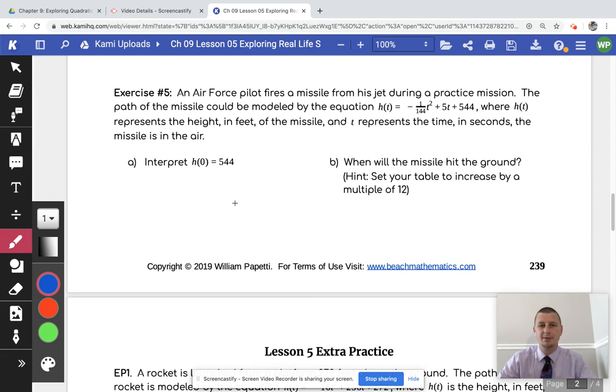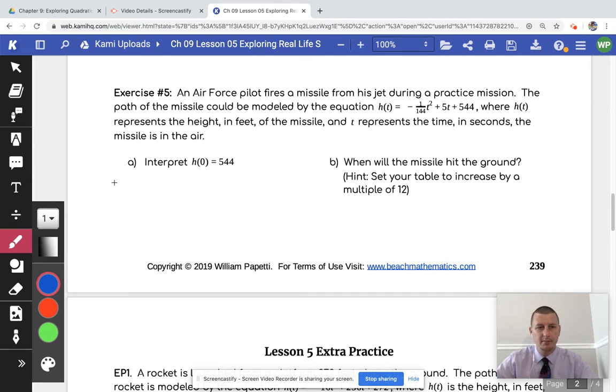First thing we want to do is interpret h of 0 is equal to 544. So h of 0 is time 0. So this is right before the missile was launched. So right before the missile was launched, what do the y values represent? It says h of t represents the height in feet of the missile.